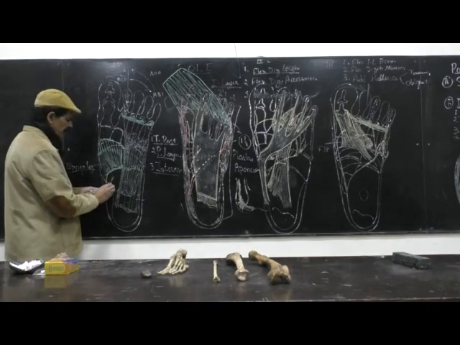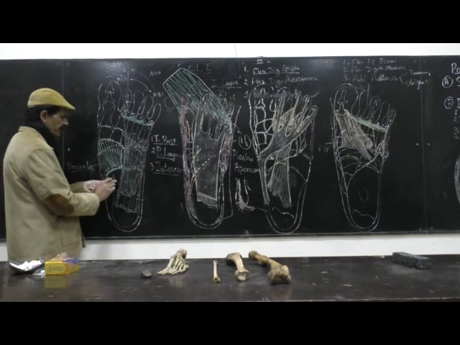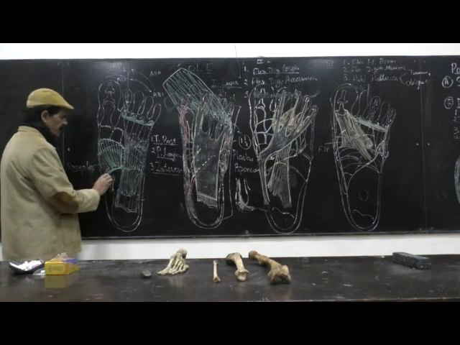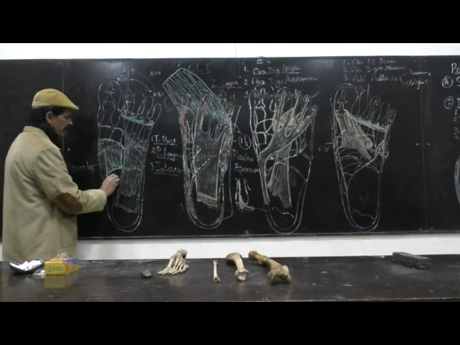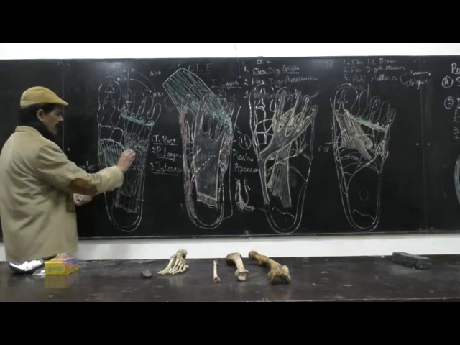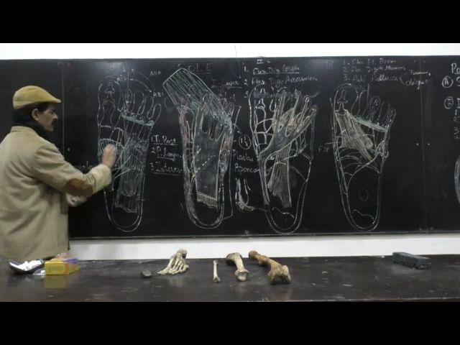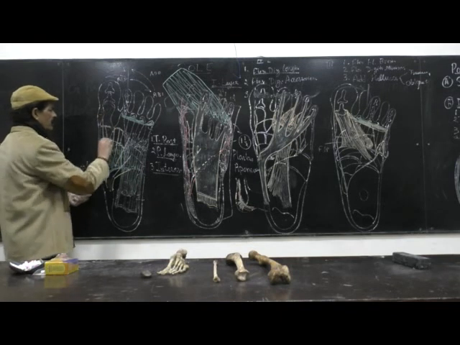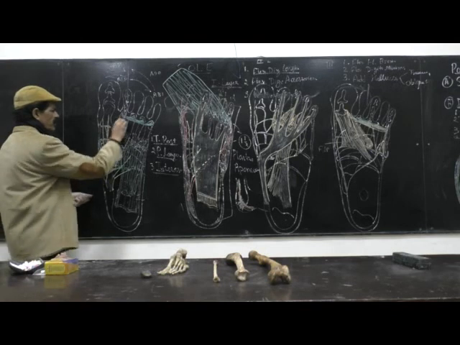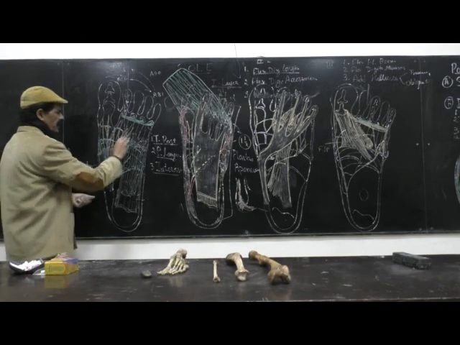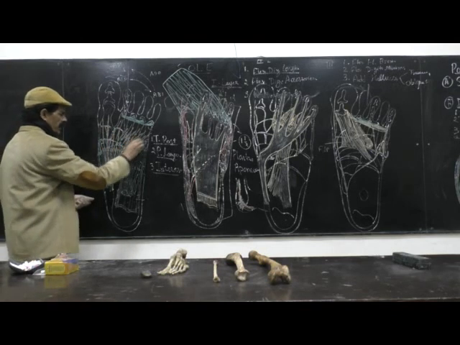When the tendon of tibialis posterior enters into the sole, it becomes aponeurotic and divides into various slips and goes to the first metatarsal, the cuneiforms, the third, second, fourth and fifth metatarsal bone.